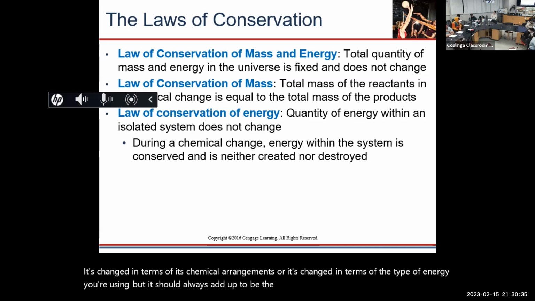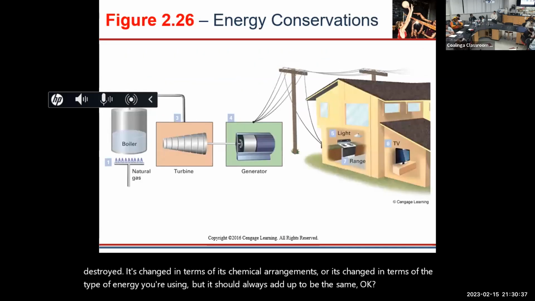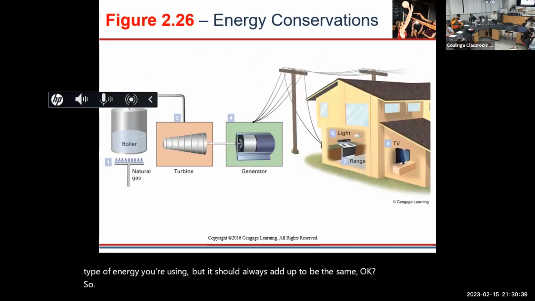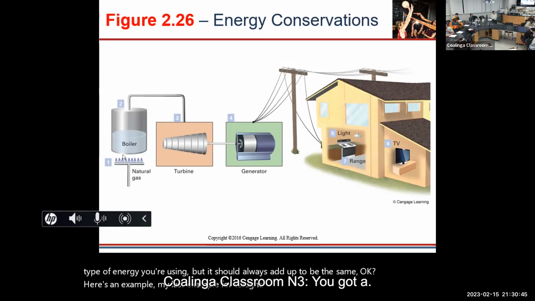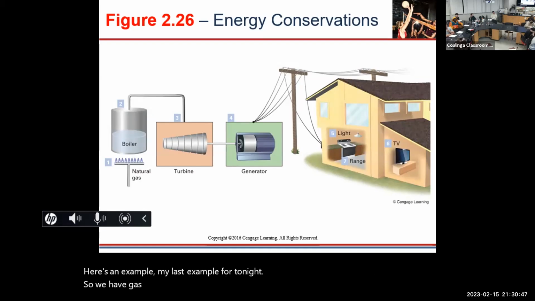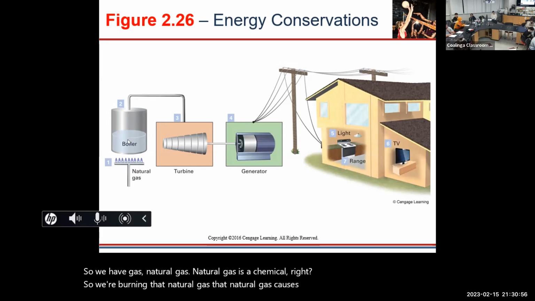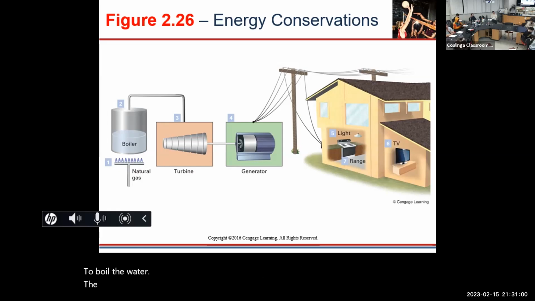Okay. So here's an example. My last example for the night. We have natural gas. Natural gas is a chemical, right? So we're burning that natural gas. That natural gas causes this boiler to boil the water. Water boils, we make steam.